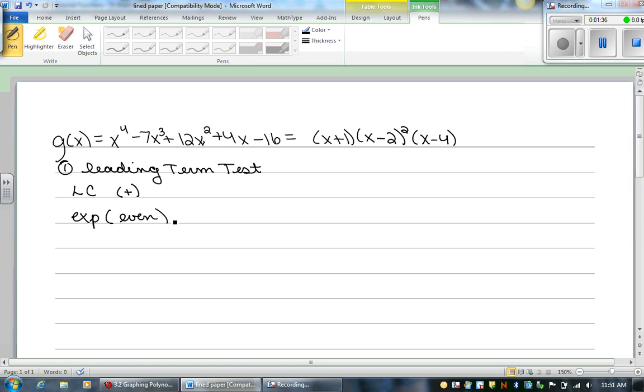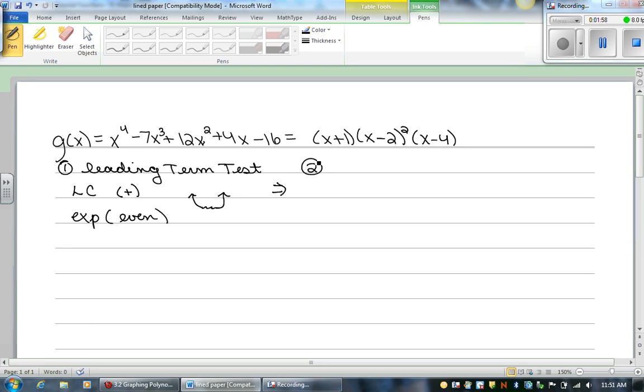Because the leading coefficient is positive and the exponent is even, I know on my end behavior, as x approaches negative infinity, my function is going to approach positive infinity. And as x approaches positive infinity, my function is also going to approach positive infinity. So there's my leading term test. I'm going to work this way and then down to the next page.